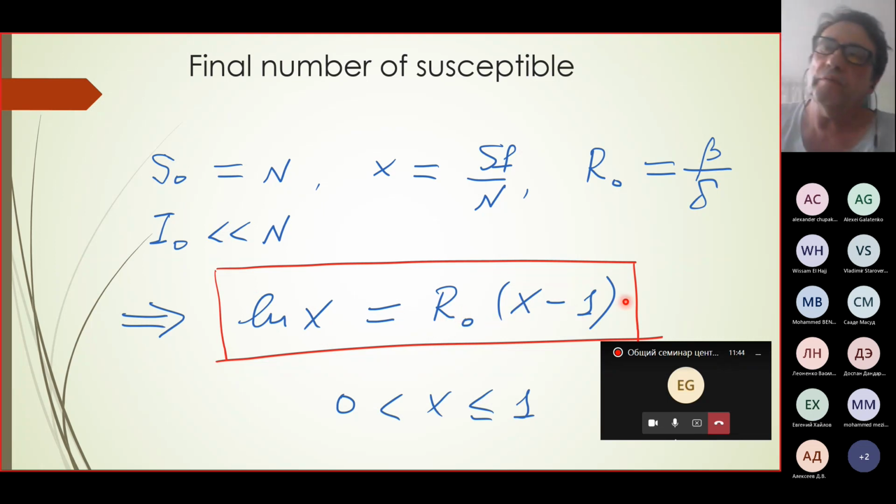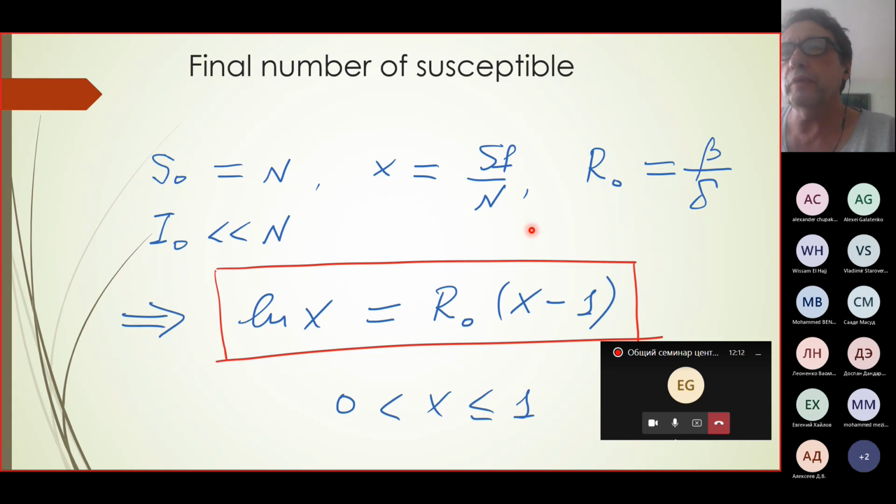And of course, it's a very simple analysis which shows again that if R0 is larger than 1, then there is a solution of this equation with x less than 1. It means that the final number of susceptible becomes less than the initial number, and this shows that the epidemic progresses.